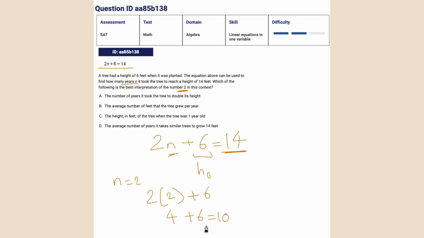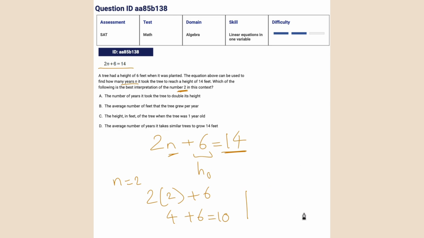So that is the height of the tree when it is 2 years old. So 6 feet, and then we add 2 feet and another 2 feet. Totally it will be 10. So that's what we're doing here.